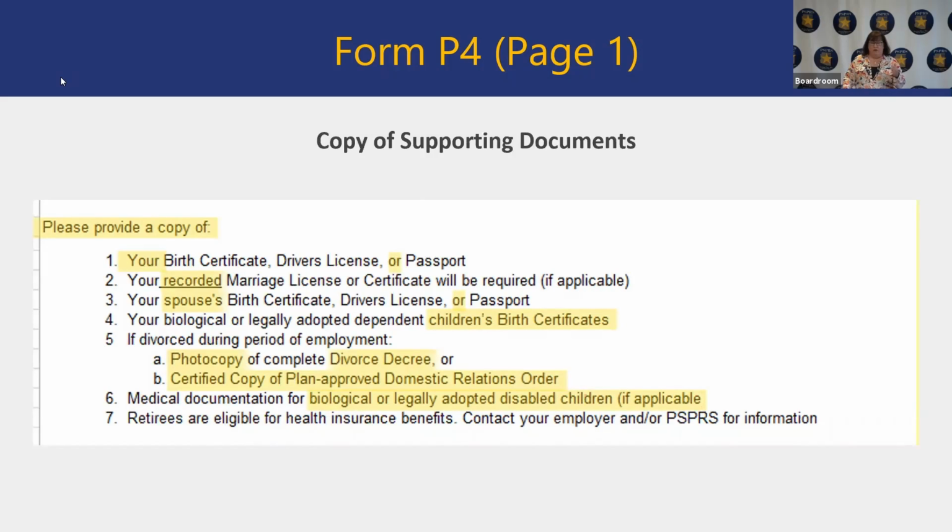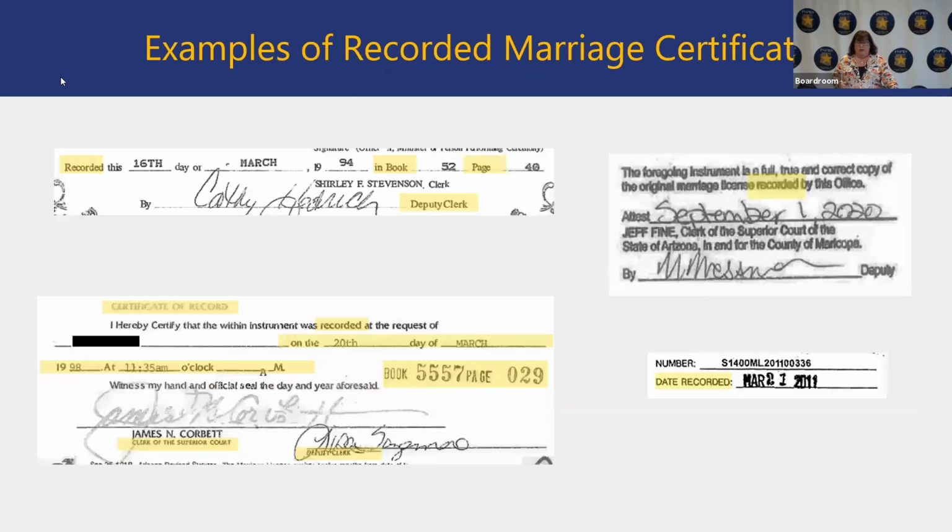Also in the Form P4 at the very bottom is what we're looking for, a copy of the supporting documents, and here's the list. So one of the items that I know we've been focusing on is recorded marriage license or certificates. What I've provided here is examples of the recorded marriage certificate.